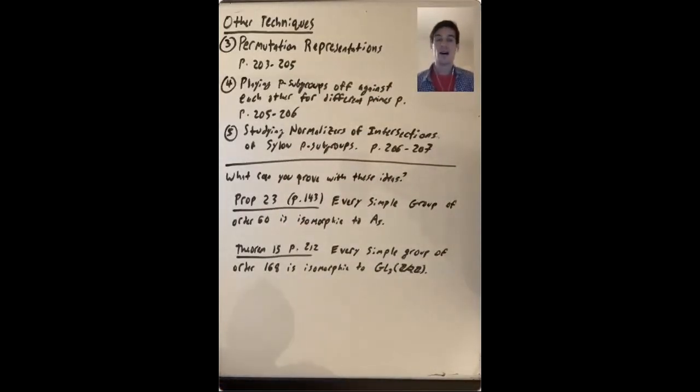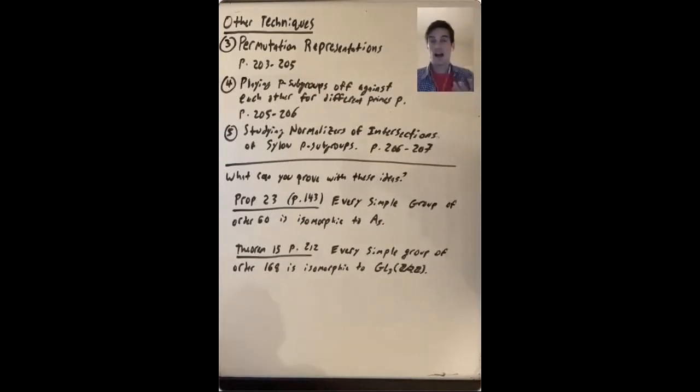Okay, so aside from these no simple group of order 56 type statements, what else can you prove with these ideas? I just want to give you two examples. One is something from earlier in Dummit and Foote that we skipped over at first, which is proposition 23 on page 143, which says every simple group of order 60 is isomorphic to A5.